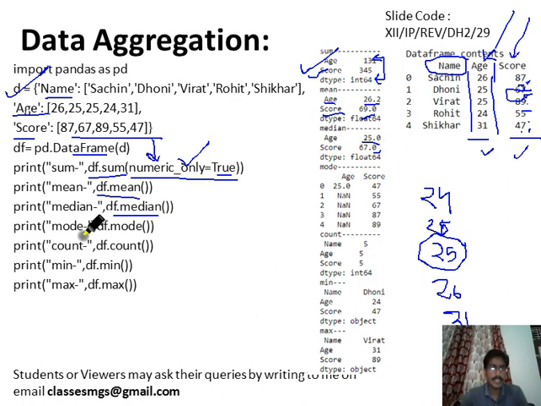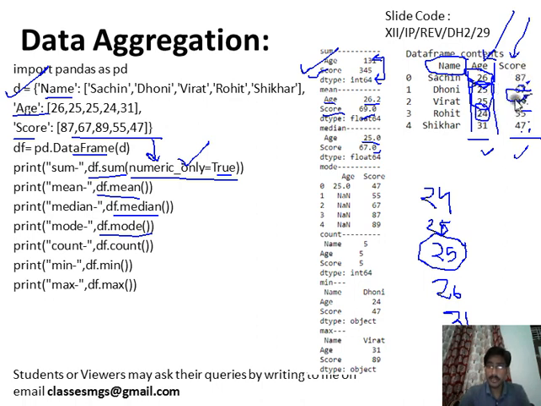Now we will see df.mode. What is mode? Mode is based on the frequency of a number. Like, what is the mode of the age column? The element that is repeated the maximum number of times is the mode of that particular data set. 25 is repeating 2 times, that's why the mode of this column will be 25.